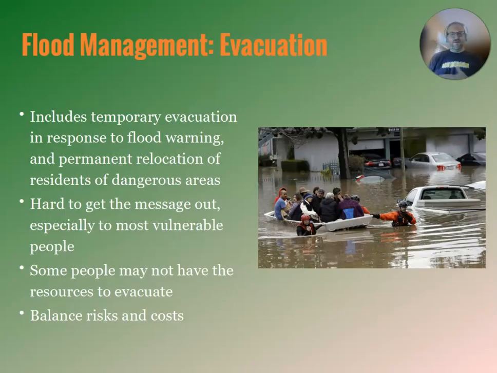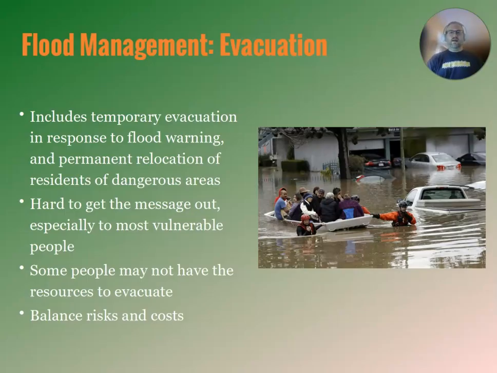They just decide, okay, I'm going to move out of here because I keep getting flooded. Or it may be something that's done on kind of a government level, where the government decides, all right, we've got to get rid of this town. We're going to relocate you all someplace else because it's just too expensive. It's too much risk to people's lives to be continuing to live in this area that we now understand to be much more hazardous than maybe it was, or maybe than we realized it was back when people first moved in there.